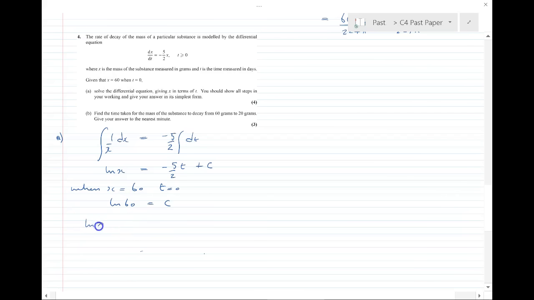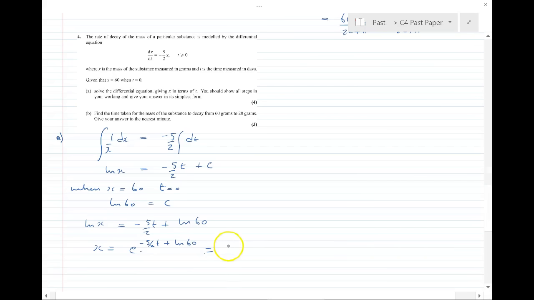So I have ln x equals minus 5 over 2 t plus ln 60. I can take e of the whole lot of this, so it's e to the minus 5 over 2t plus ln 60.